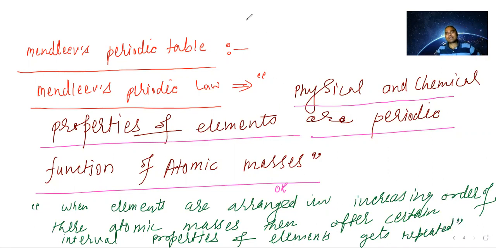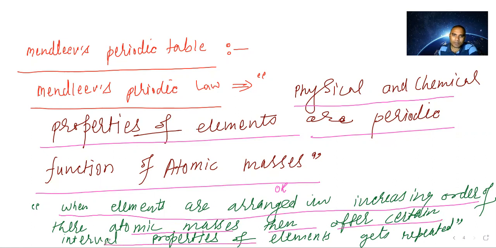Now, let's try to understand the meaning of this. They are saying that when elements are arranged in increasing order of their atomic masses, then after a certain interval, properties of elements get repeated. Is it okay? Are you able to understand?